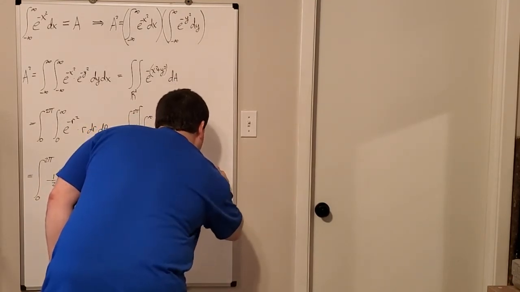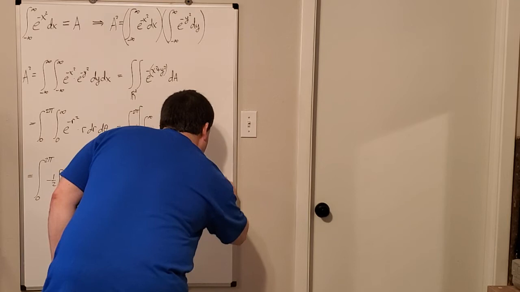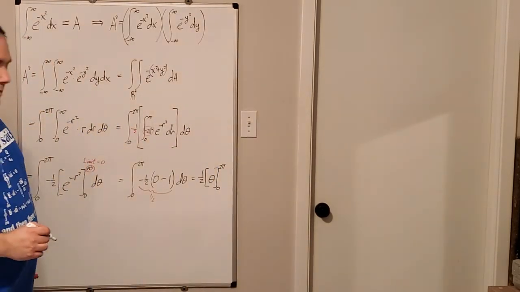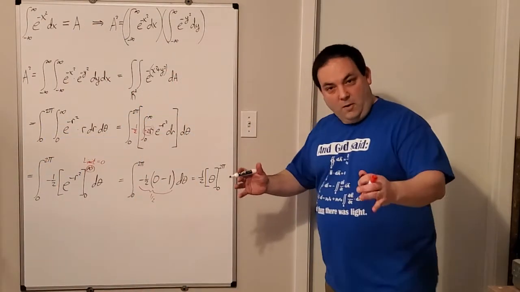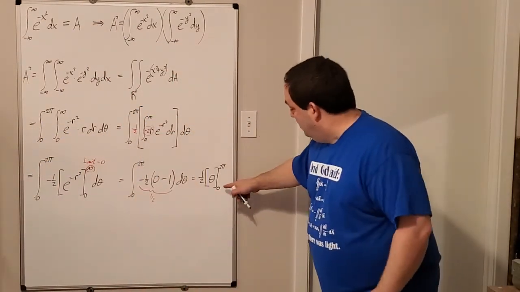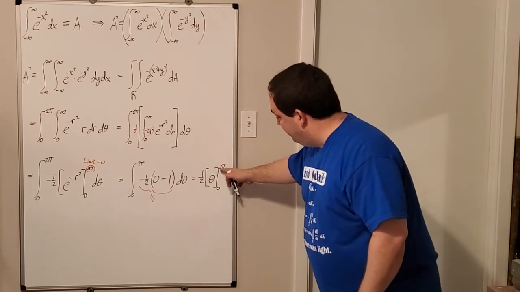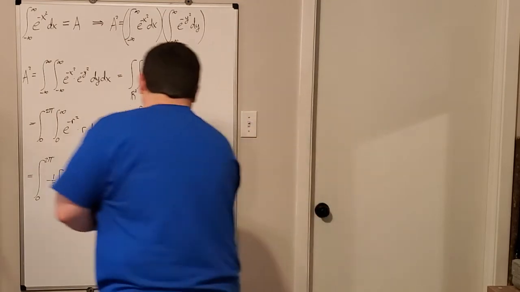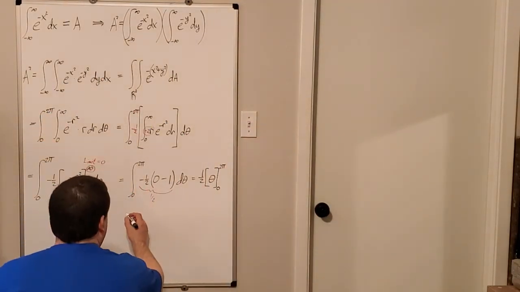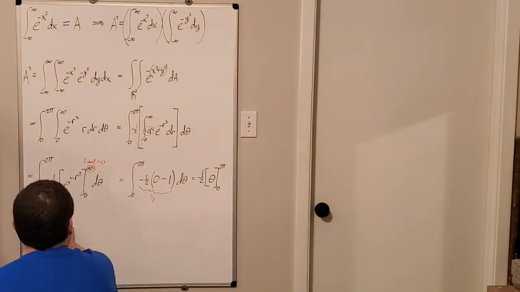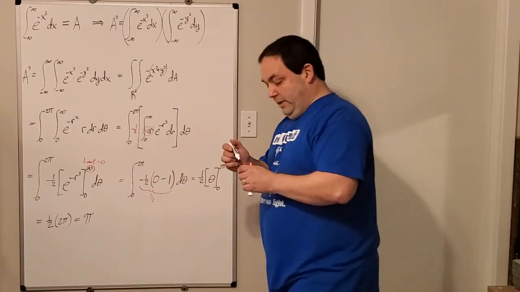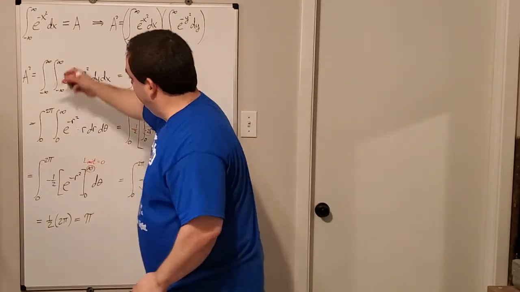So 1/2 theta, but theta goes from 0 to 2 pi. So when I plug in 0, of course it's 0. I have 2 pi minus 0 for this. So it's just 1/2 times 2 pi, which is pi.